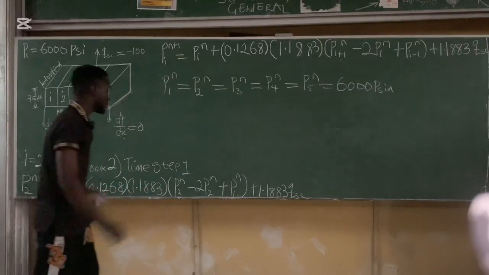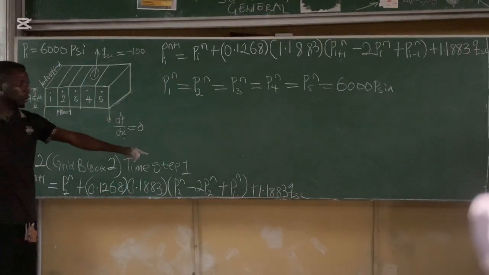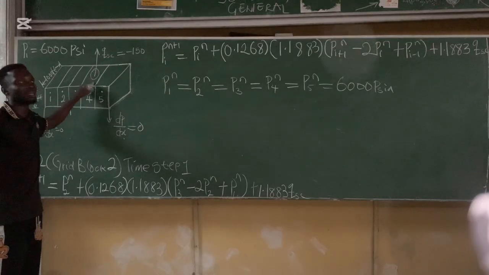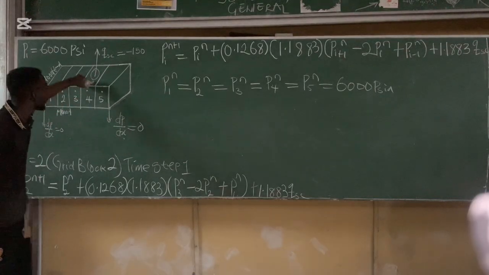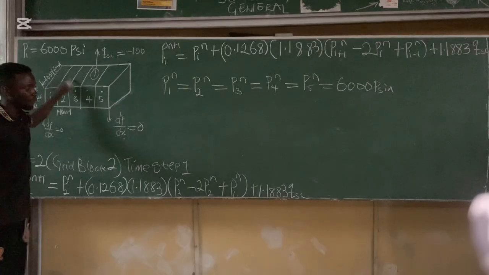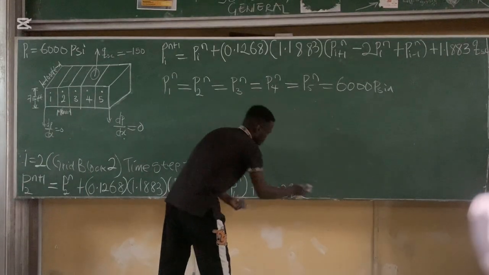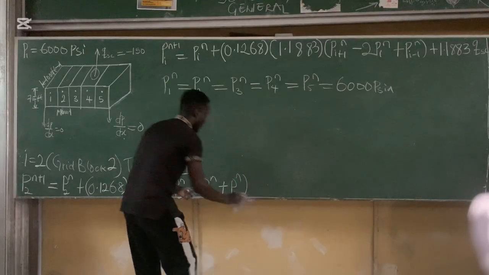Now, if you look at this, QSC, we always use QSC where the well is located at that block. The well is located at block 4 and not block 2. So therefore, QSC is 0.